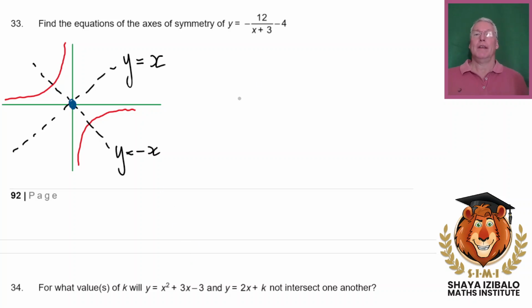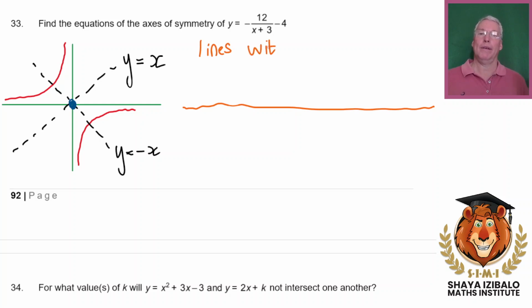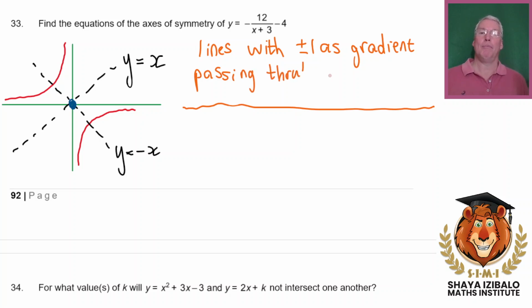All right, so we're going to do this question in two different ways, just because we think it's helpful for you to see both. The x asymptote of this is x equals minus 3, and the y asymptote is y equals minus 4. So we want lines with a gradient of plus or minus 1, but we also want them to pass through the point negative 3, negative 4.